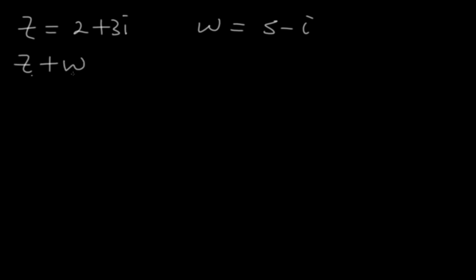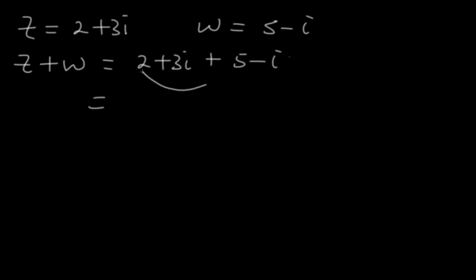Example number 2, we can have our z as 2 plus 3i and our w as 5 minus i. Now let's find z plus w. This is the same as saying 2 plus 3i, then plus 5 minus i.